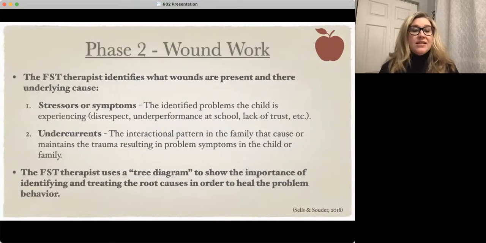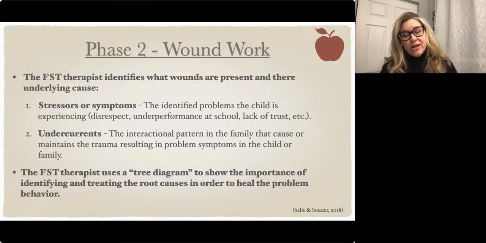The next process is called wound work, and this is where they look at how the stresses or the symptoms of the child and what they are experiencing, like disrespect, underperformance at school, are the fruit on a tree that everyone can see, but what everyone is not seeing are the undercurrents or the toxic seeds under the soil that are creating this bad fruit or toxic fruit.